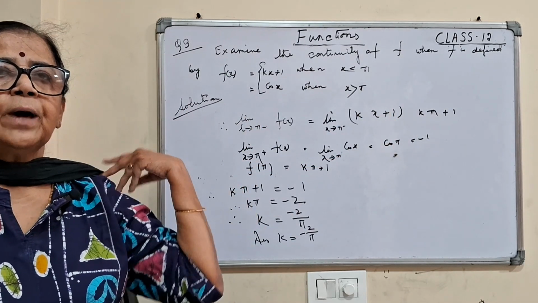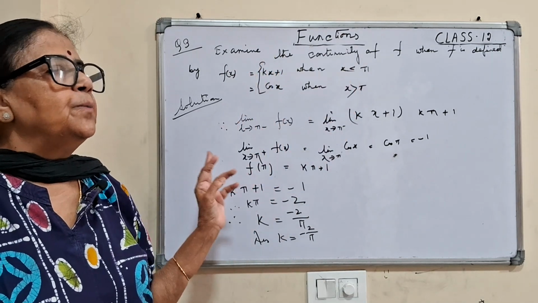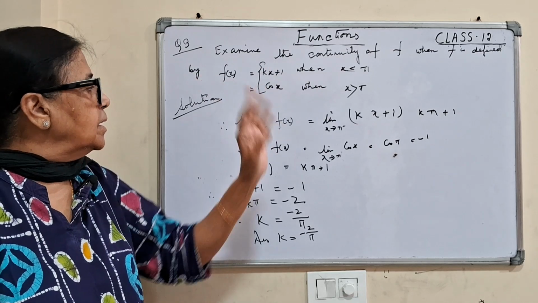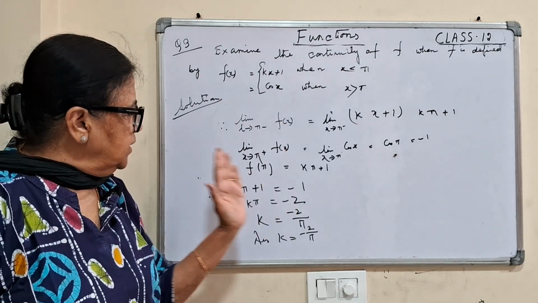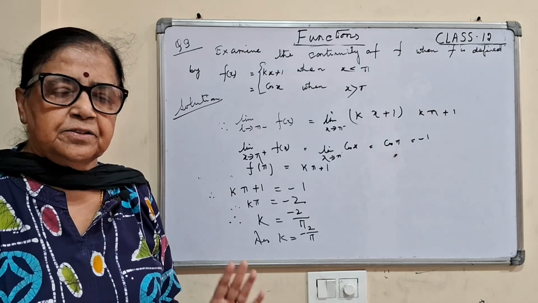Here, can you tell me what is the functional value? Functional value is k pi plus 1. So I have just found it out. I think all of you have understood it, and now you are thorough with this type of sums.